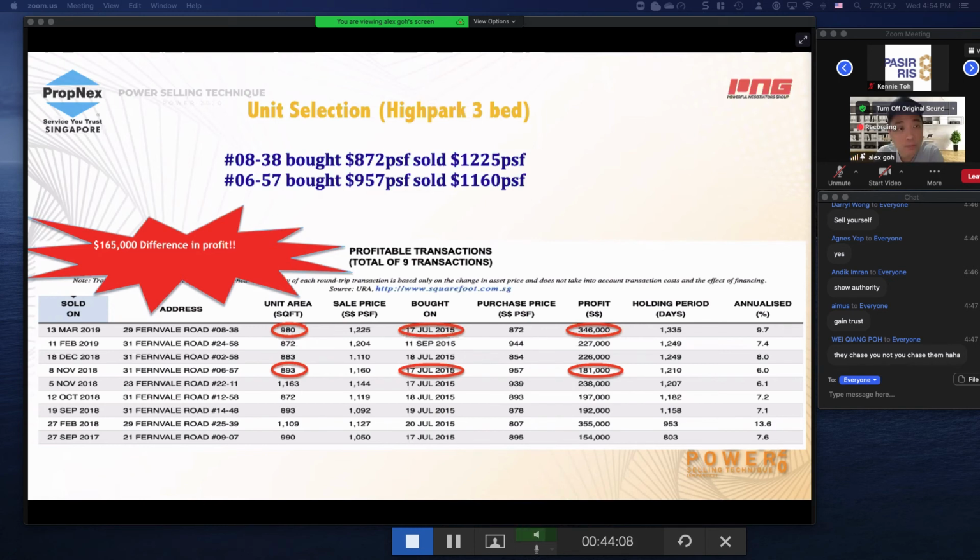So do you think unit selection is equally critical, or maybe even more important compared to choosing a development? Yeah, they're very important. So this is where I come in to do the unit selection for you.